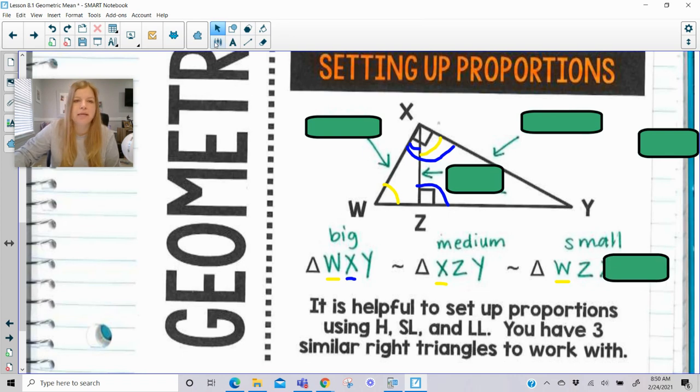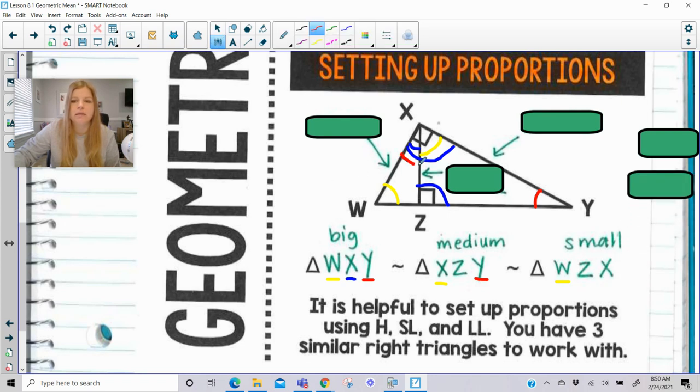And then the last angle, Y. So notice in the big triangle, Y is my smallest angle, which corresponds with the smallest angle of the medium-sized triangle, which in the small triangle is that little angle where X is. Okay, this little angle here.